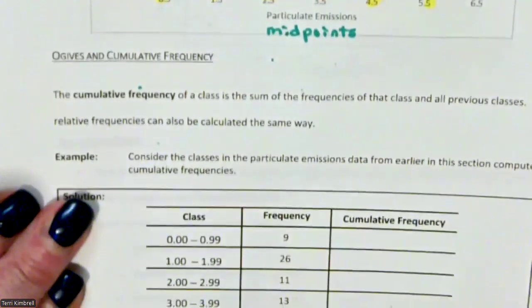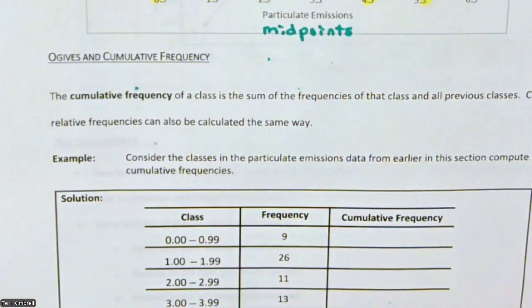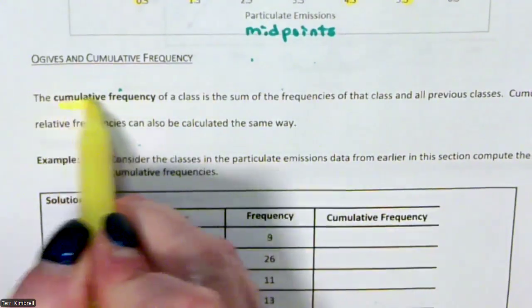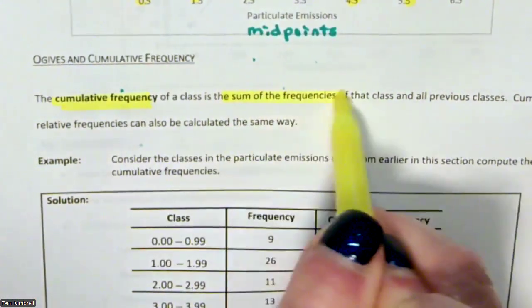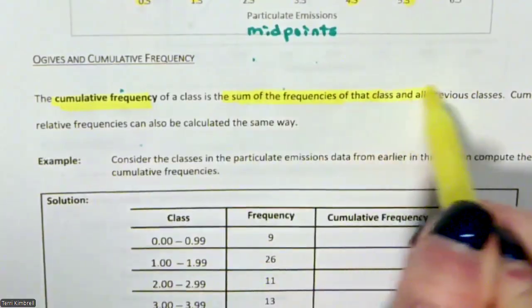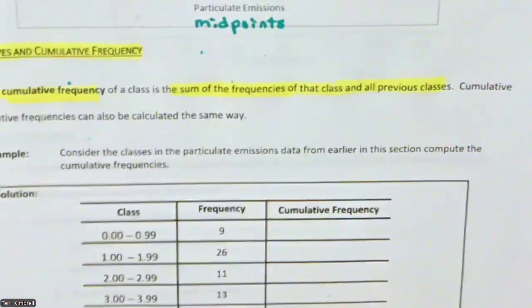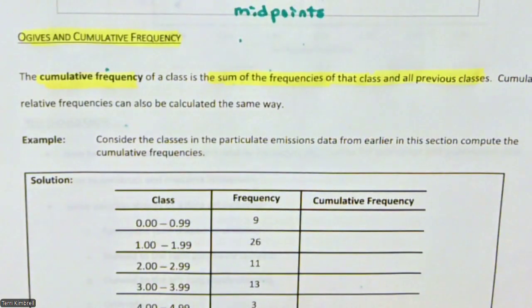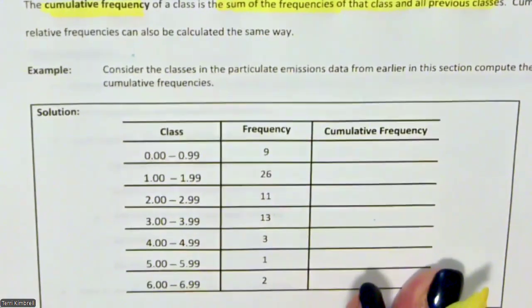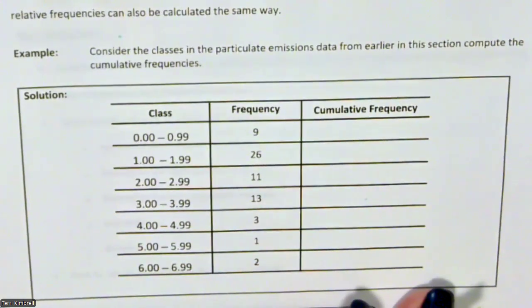Now, an ogive and a cumulative frequency. Cumulative frequency is the sum. That part's important. The sum of the frequencies of that class and all classes before it. Cumulative relative frequencies are calculated in the same way. Consider the classes here with the emissions data from earlier.